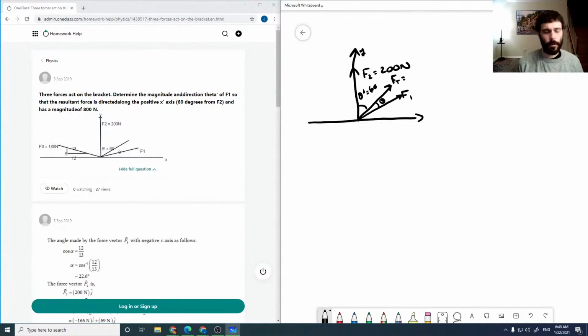I believe our F total is given as 800 newtons. And we've got an F3. Drawing straight lines is not my forte this morning. F3, which is 180 newtons.